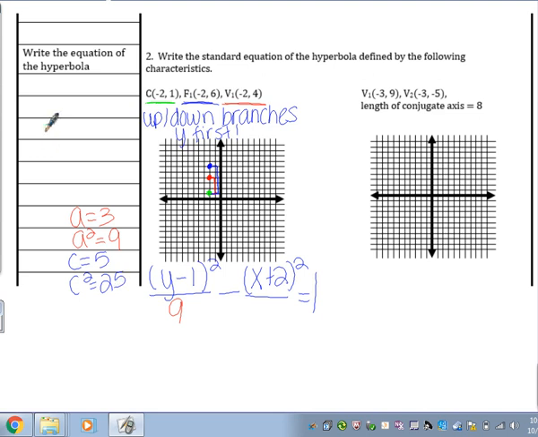And again, we're just looking for b squared. So once we figure that out, we can just put it under there. So c squared is 25, a squared is 9. So what does b squared equal? 16? And that will go under there.